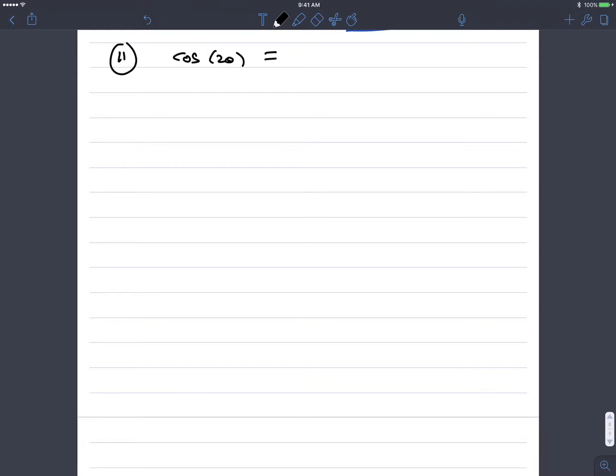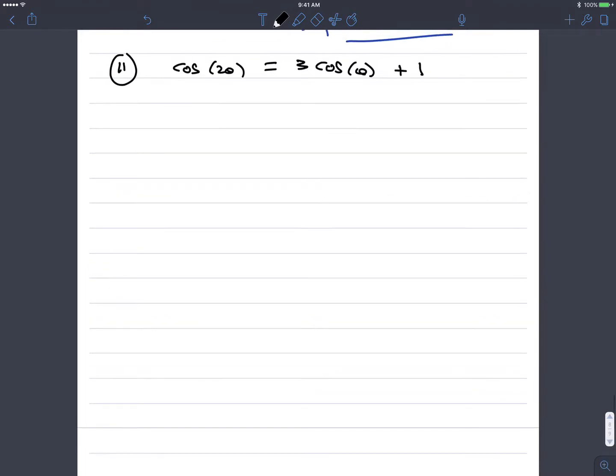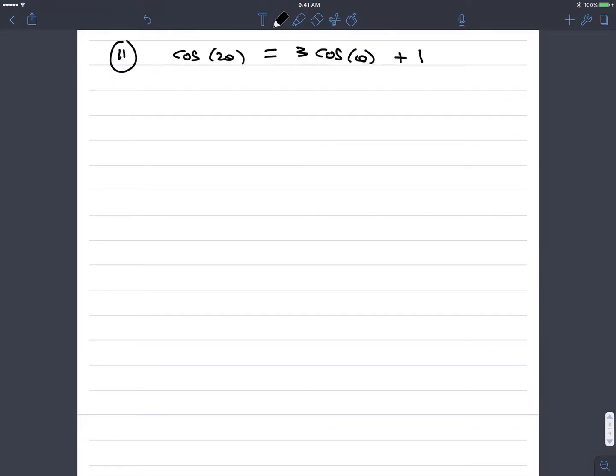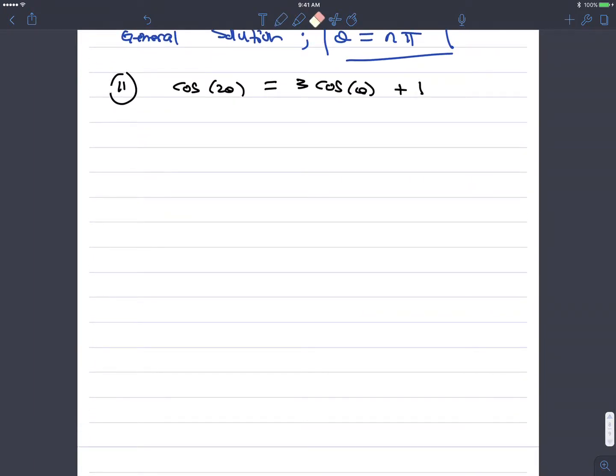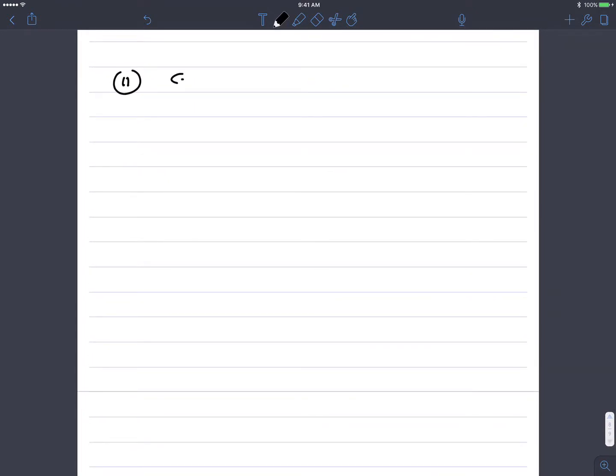Cosine 2 theta is 3 cosine theta plus 1.